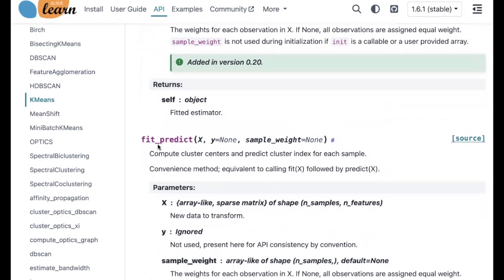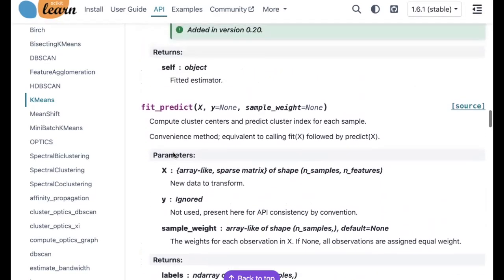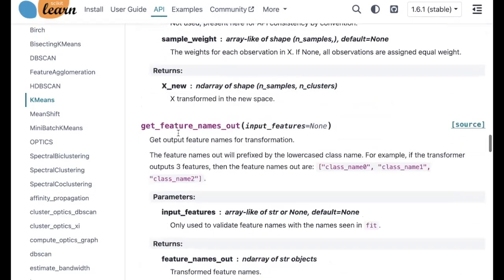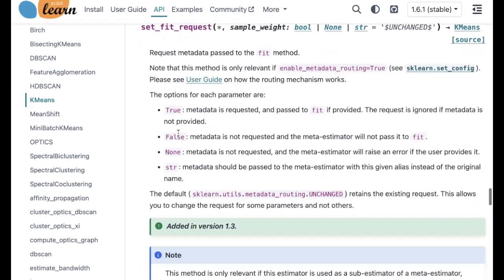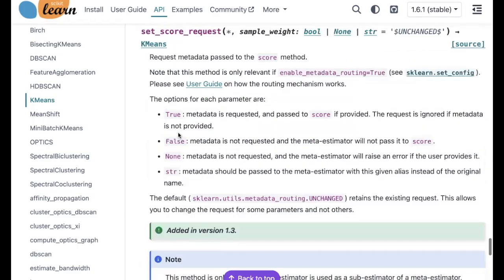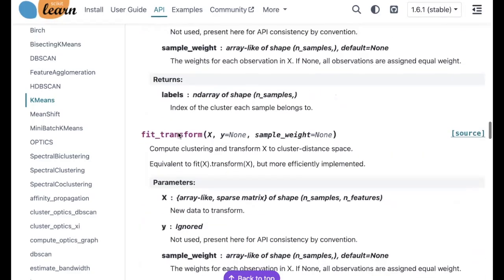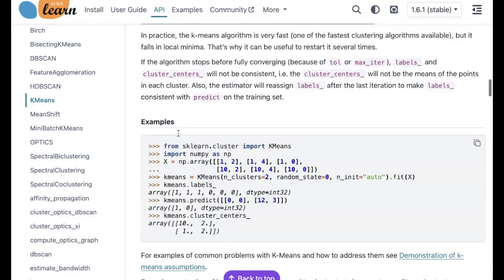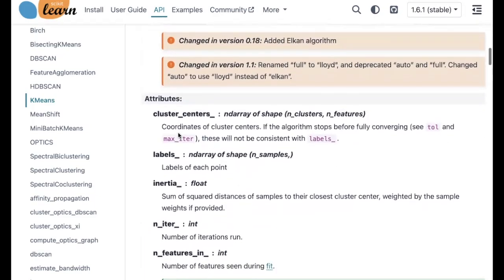And this is the fit_predict that we just used. So you can get a good sense of what methods and attributes we have. You also get the set of all attributes if you scroll down or up here. So let's see, where are the attributes? Yeah, the attributes are here.